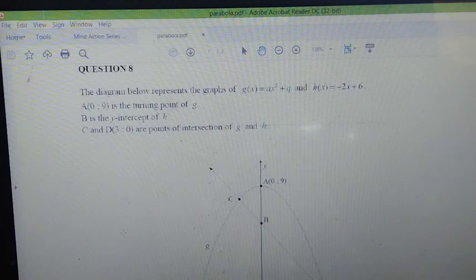Now, question number 8, you are given a diagram which represents the graph of g of x, which is ax squared plus q, and h of x, which is equal to negative 2x plus 6, where A is the coordinate (0, 9), which is the turning point of g, B is the y-intercept of h, C and D with the coordinates (3, 0) are the points of intersection of g and h.